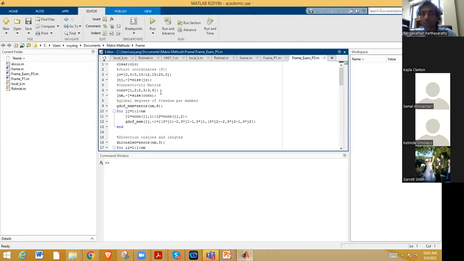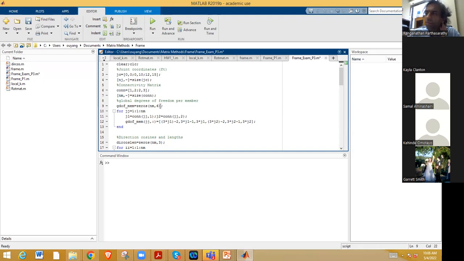So this is 0, 0, 0, 10, and 12, 15. Oh, it happens to be the same. There is no last one. Then connectivity, you have 1, 2, and 2, 3. That's all.